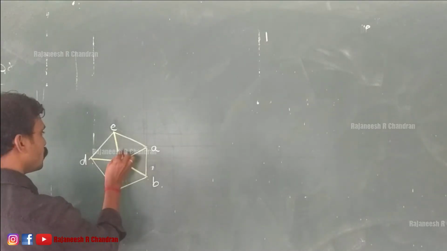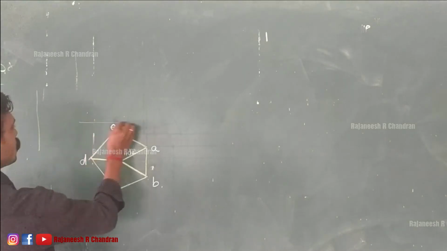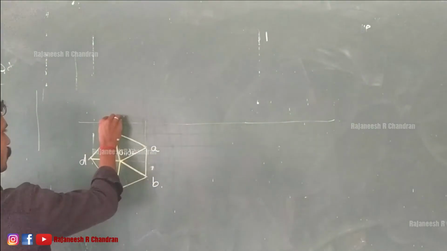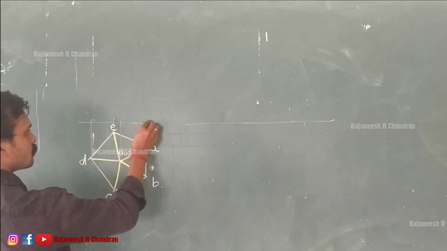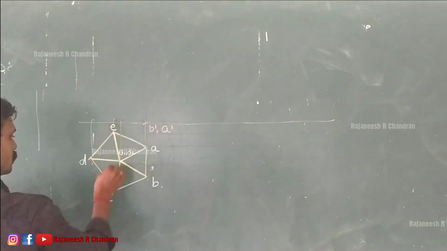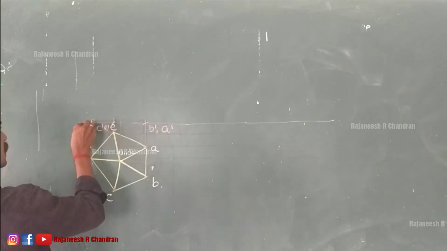So O1. Draw the XY line. We can complete the simple position, the front view also. So this will be B dash, A dash. C dash and E dash will be on the same line, so C dash, E dash. This will be D dash.